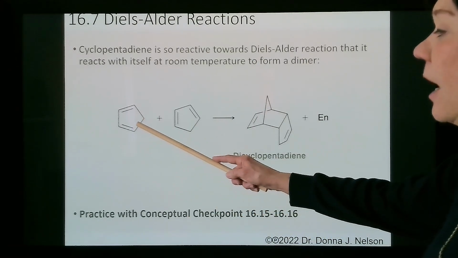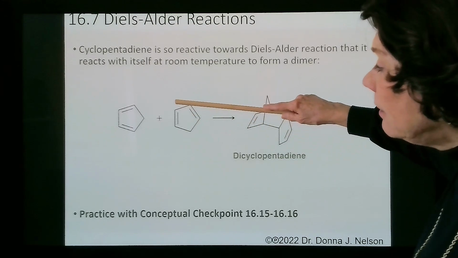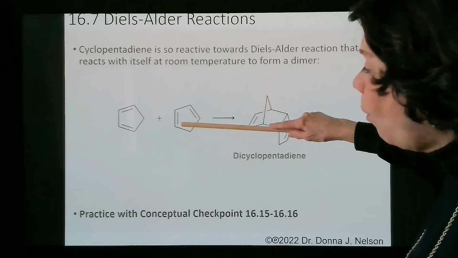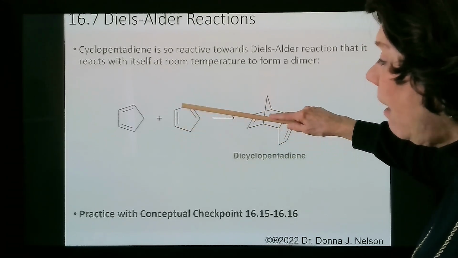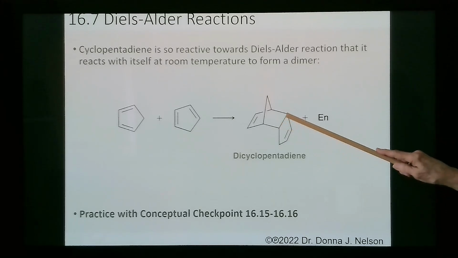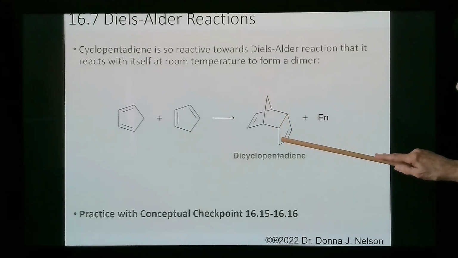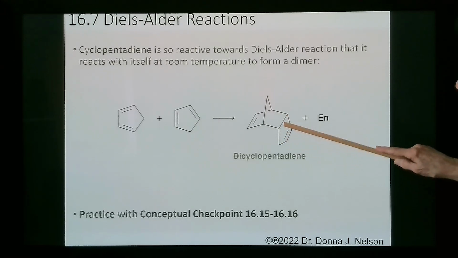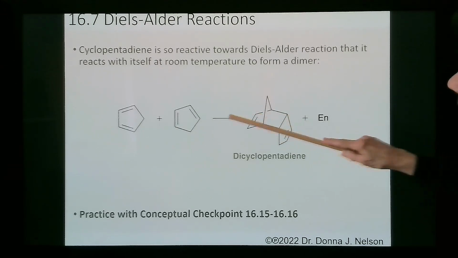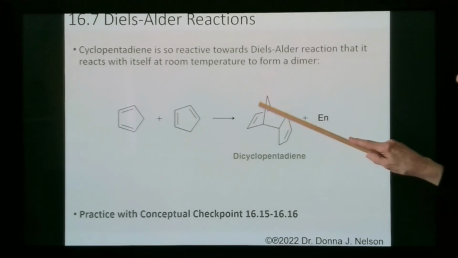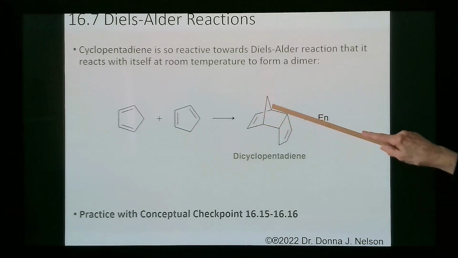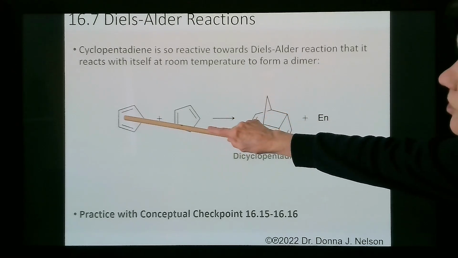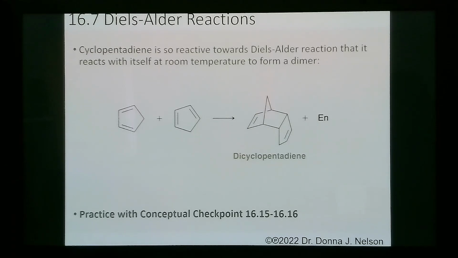The cyclopentadiene can react with itself. It will react with one of the double bonds, and that's what's happened here. Notice here, this was the cyclopentadiene. This is the 5-membered ring that was this cyclopentadiene. This 5-membered ring over here was this cyclopentadiene.